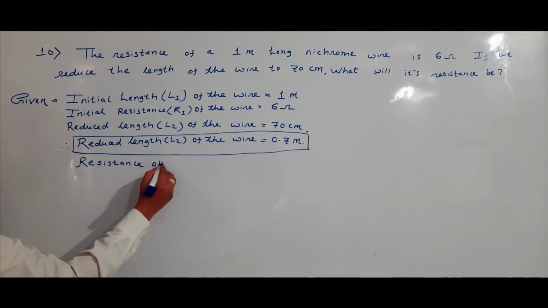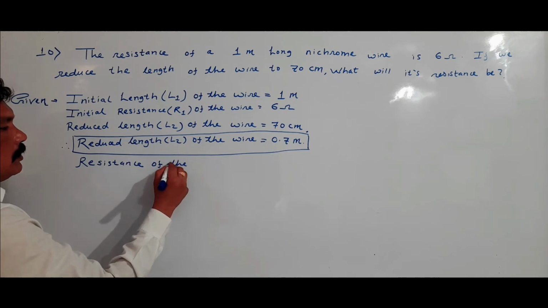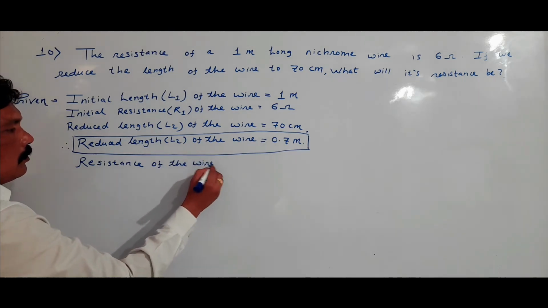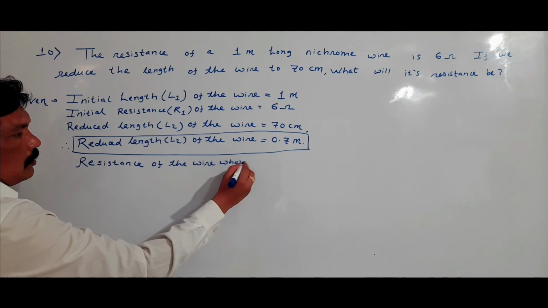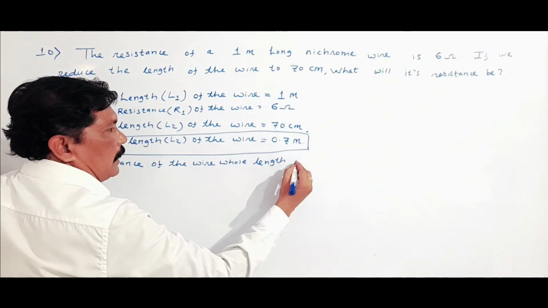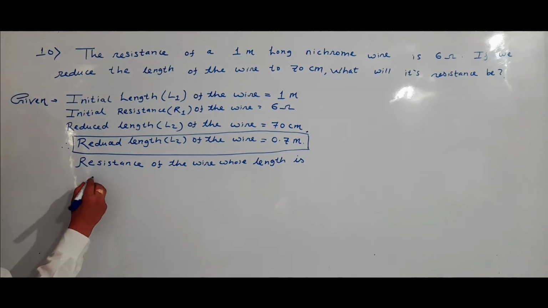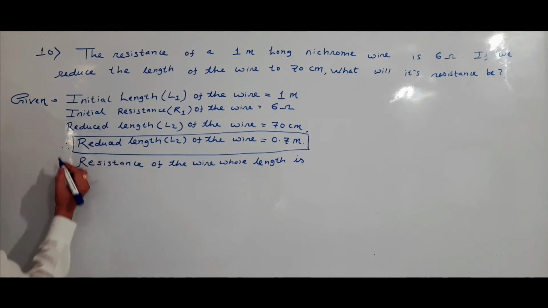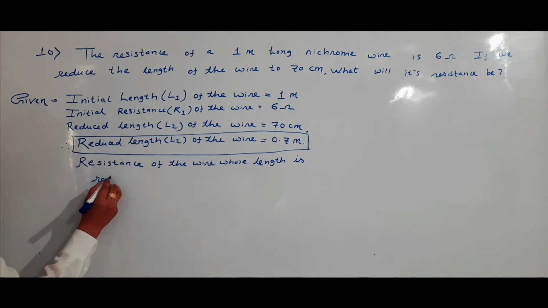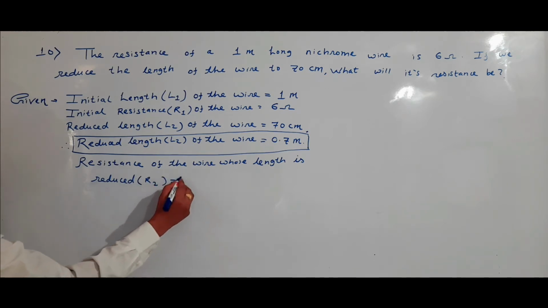Resistance of the wire whose length is reduced, that is R2, we have to find.